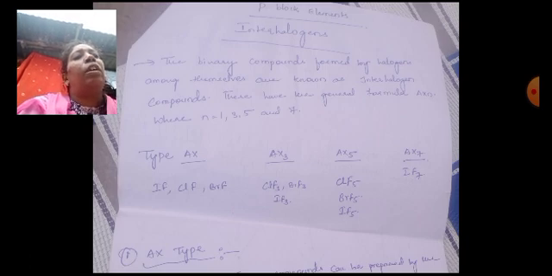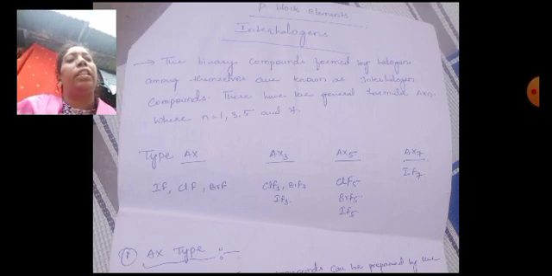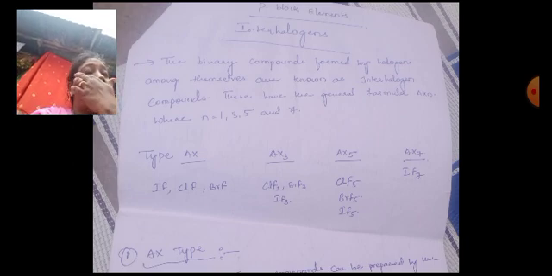Interhalogen compounds have the general formula AXn, where you write n as a subscript. n is nothing but the number of electronegative atoms.